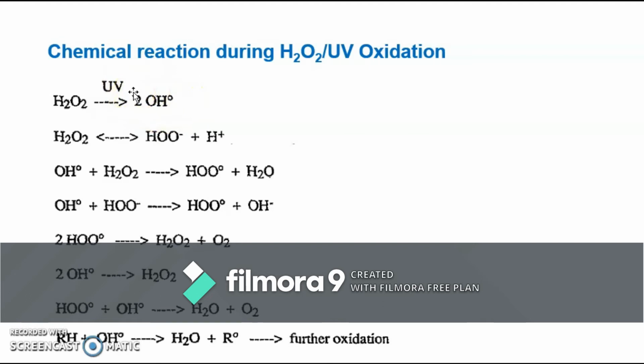UV irradiation catalyzes the hydrogen peroxide dissociation into the hydroxyl radicals. We have other type of chemical reactions happening in the process as well. So first step was generation of hydroxyl radicals.